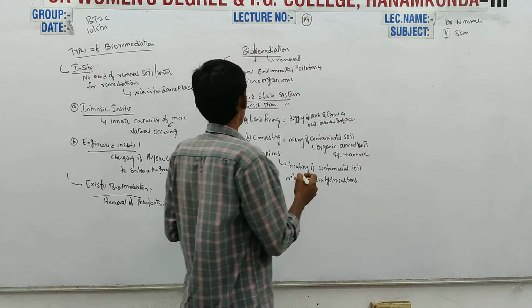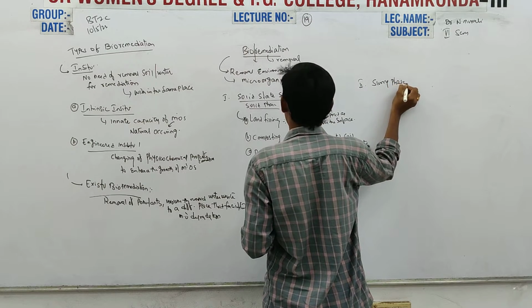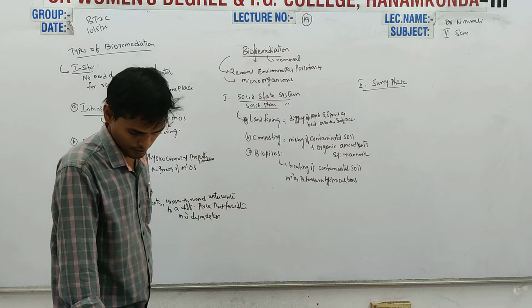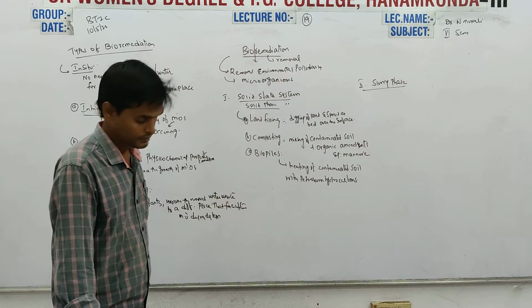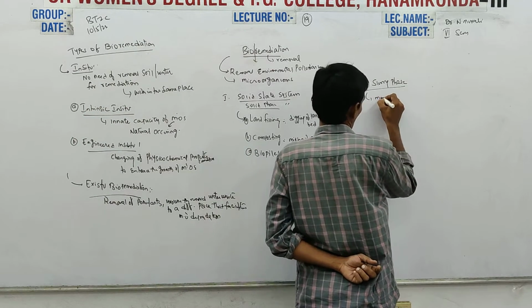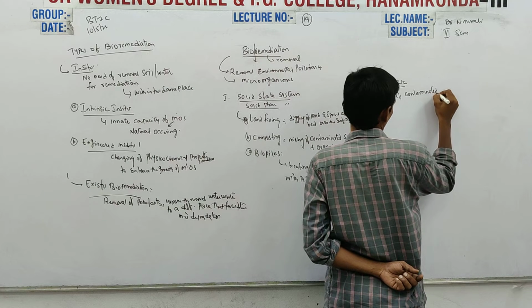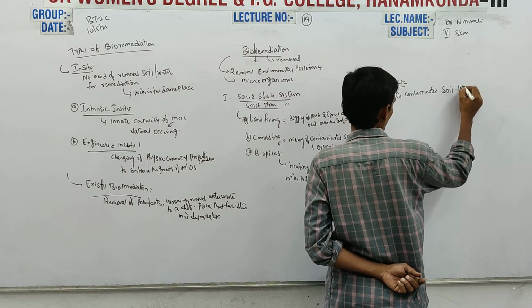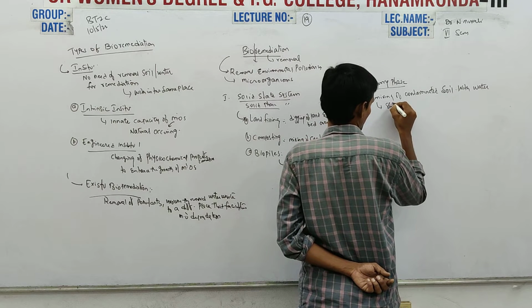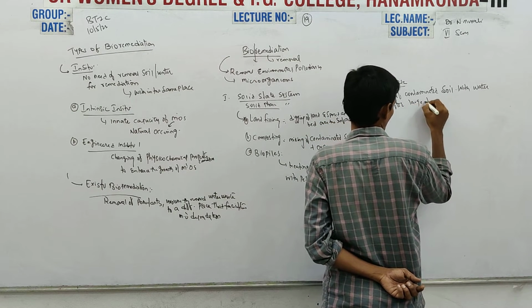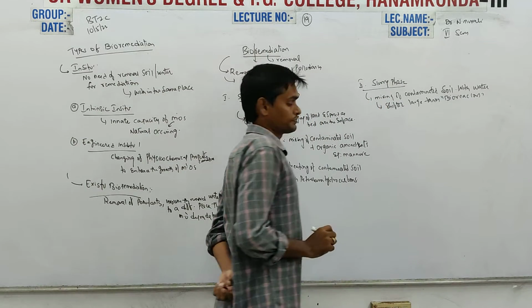Next one is slurry phase. It is mixing of contaminated soil with water and shifting it to large tanks called bioreactors.